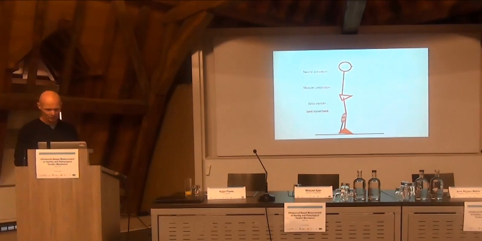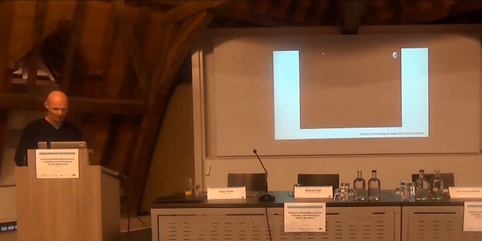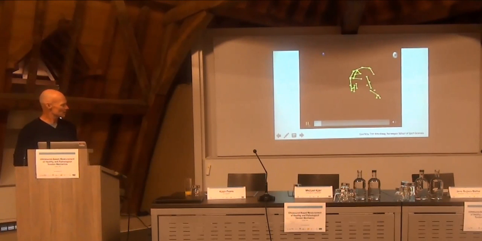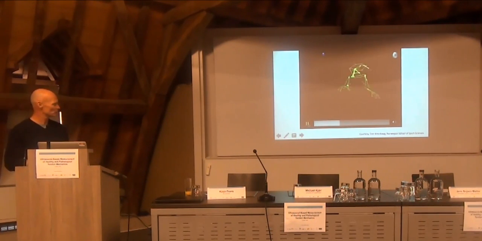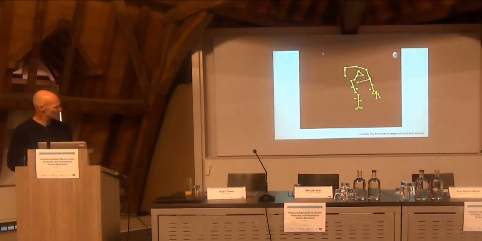But if you look into the real world, or if you look into sports like we do in our department, and I hope I am able to play a video here. This is a presentation from our lab. This is a handball player who comes in and does a side cut movement and then makes a score. And as you can see, this is a lot more complicated than what you saw just before.